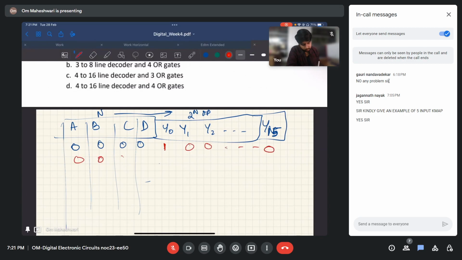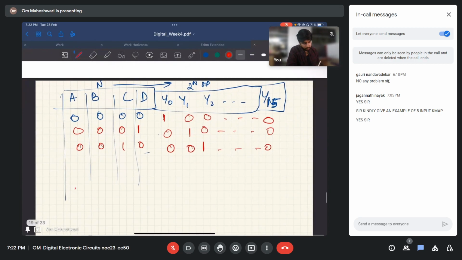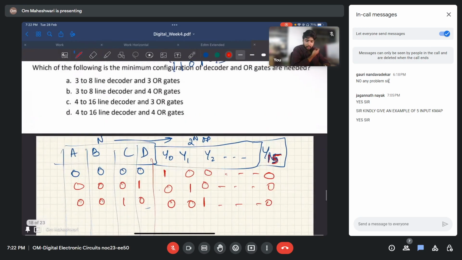For 0, 0, 0, 1, only y1 will be 1. Similarly 0, 0, 1, 0, y2 will be 1. And at last 1, 1, 1, 1, the last one, y15, will be 1. So this will be the truth table for the decoder.